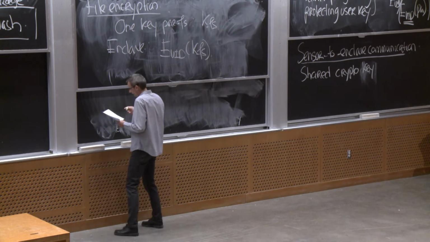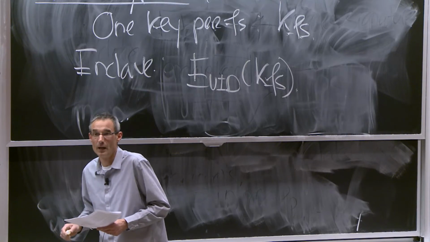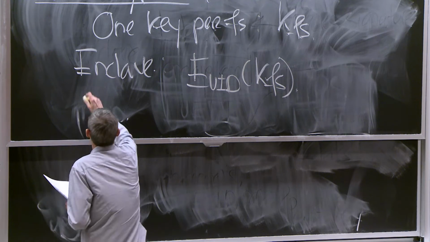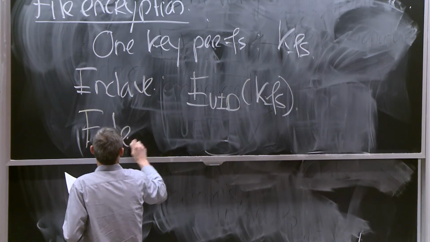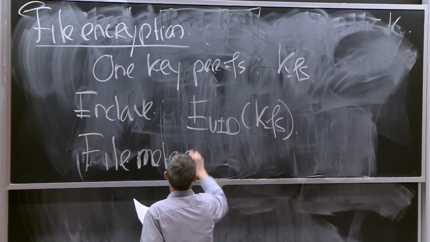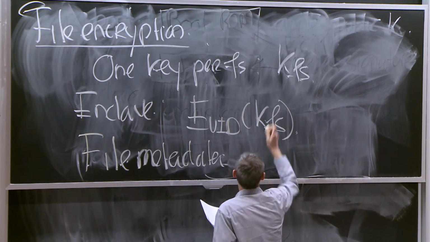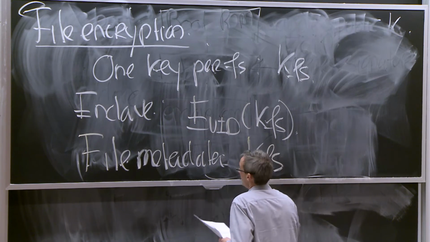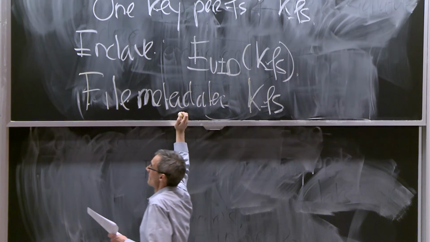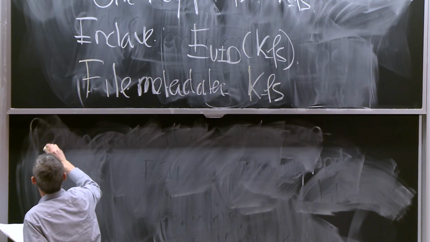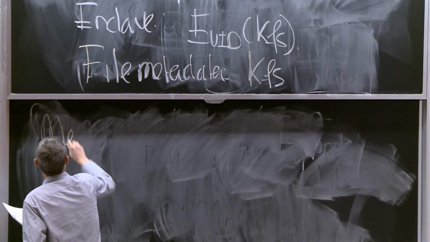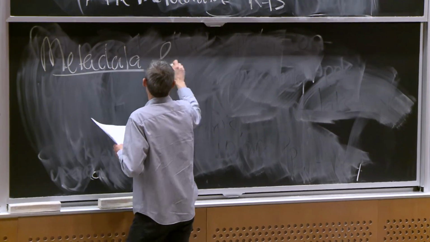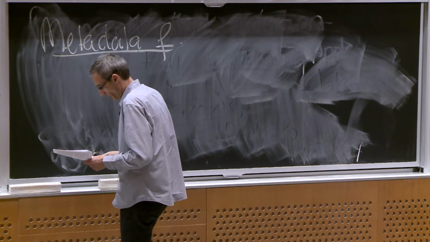Then the file metadata. For every file, there's a little bit of metadata stored with it, and that file metadata is encrypted using the KFS. So the file system can open it up, and in that metadata for each file there's a bunch of information.